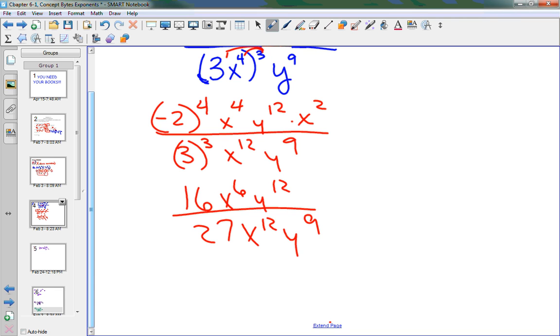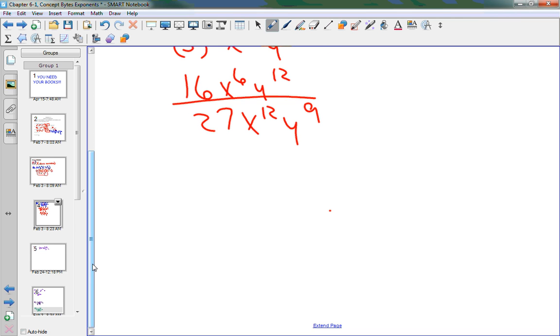Now, from here, you guys can do this problem two different ways. You can do the numbers with numbers, letters with letters thing, or you can simply use logic. If you're using logic, how many x's do I have up top? 6. I have 6 of them up top, so how many do I have on the bottom? 12.